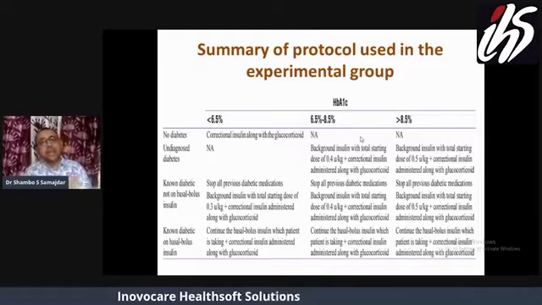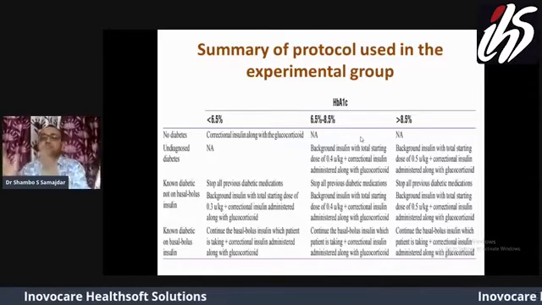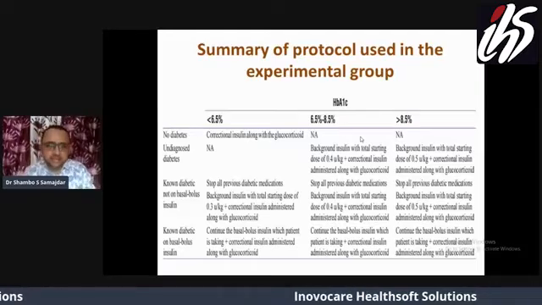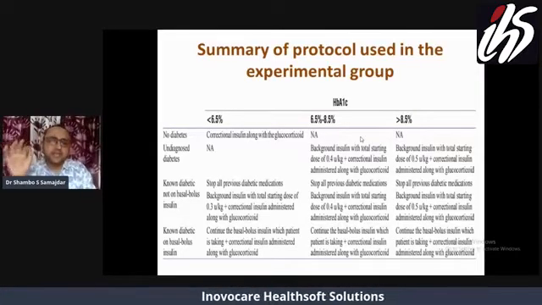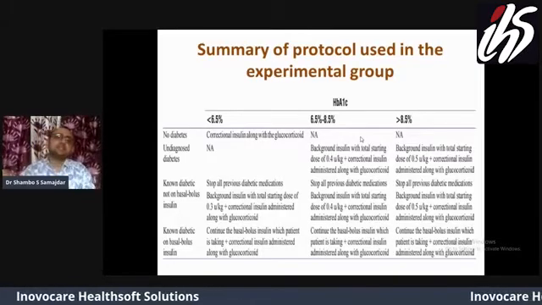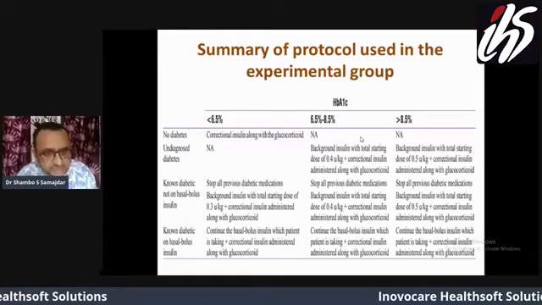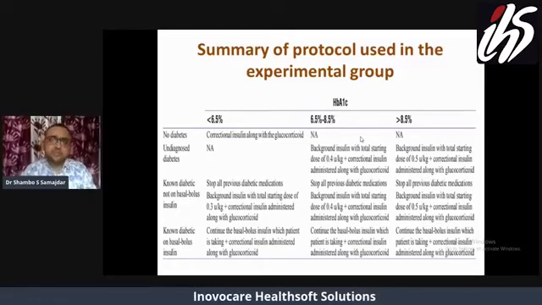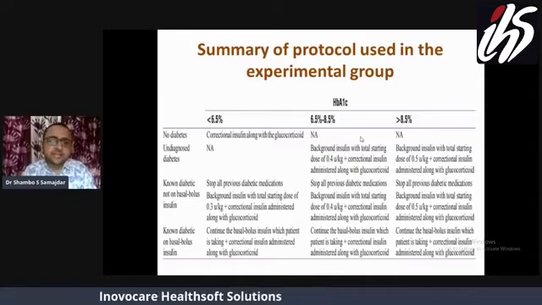Now we have to decide as per the HbA1c value. I am just giving one example: if a patient comes to us with an HbA1c value of say 5.8%, and there is steroid-induced hyperglycemia, and we need to give methylprednisolone to that particular patient, how can we tackle that patient?